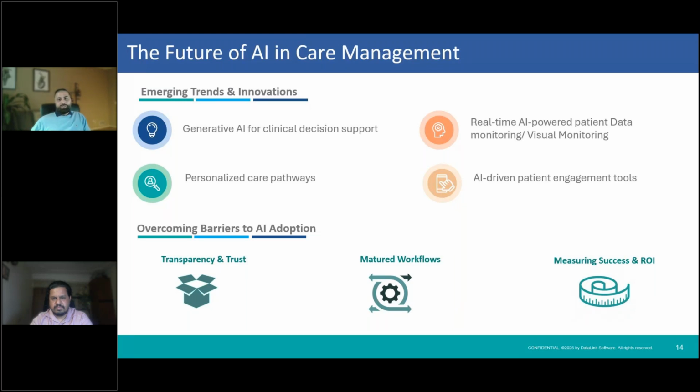And specifically with the generative AI, which is generating real time analytics for patient engagement tools as well as for physicians is something that is changing the space wherein we are operating today.